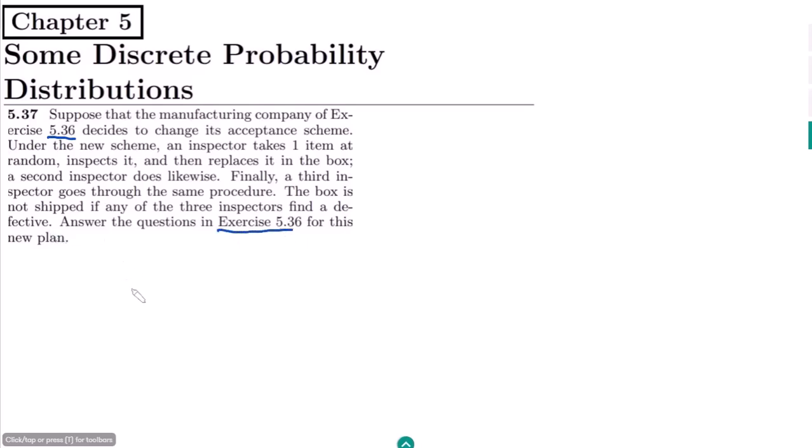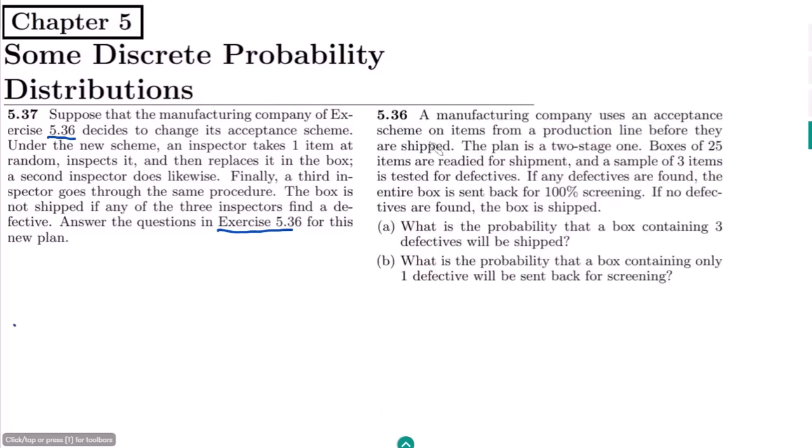Let me first paste exercise 5.36 here, and we have to see what has been asked in that question. So this was exercise 5.36, in which we had the total number of items equal to 25, and out of them 3 were selected.